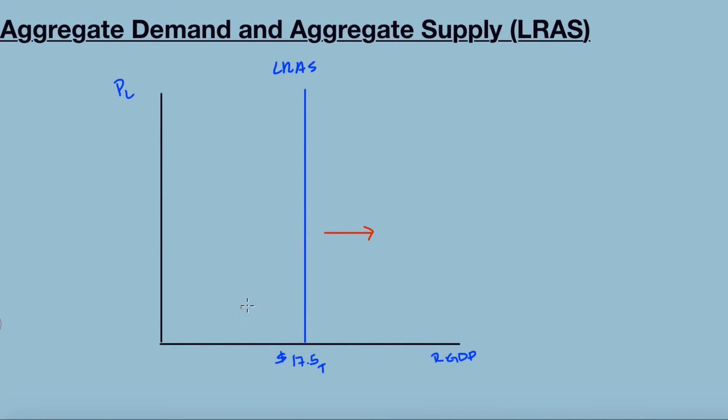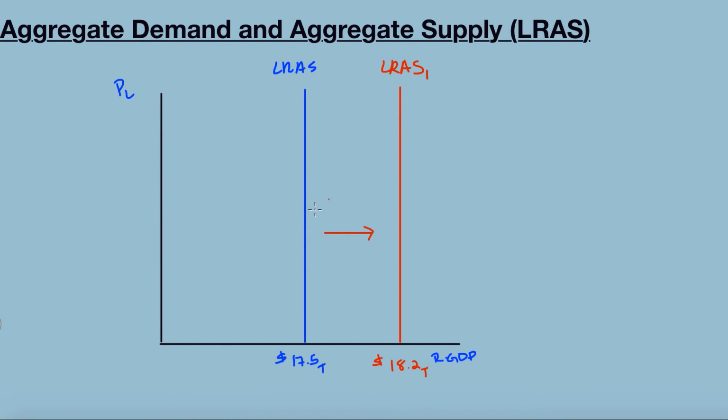If we had an increase in the number of workers, an increase in production technology, or an increase in any of our factors of production, our land, labor, capital, entrepreneurship, and technology, that would increase our potential, how much we could possibly produce. So maybe we'd be at $18.2 trillion.